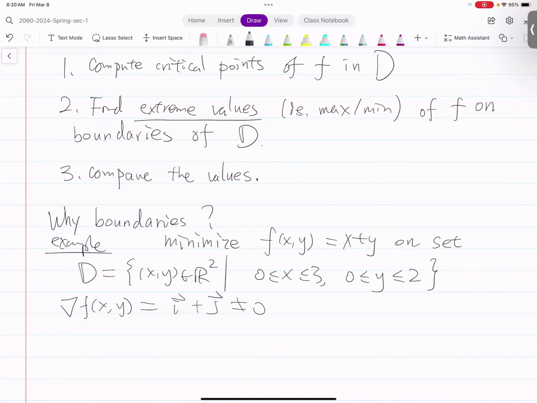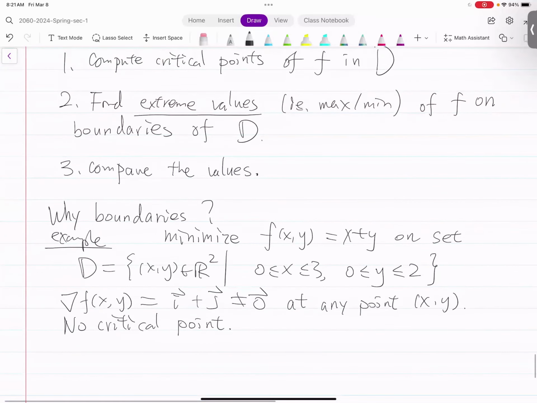So this is never the 0 vector, never 0 at any point x, y. So this tells you there's no critical point. Okay, so basically we don't really have a critical point that we can get for this function.